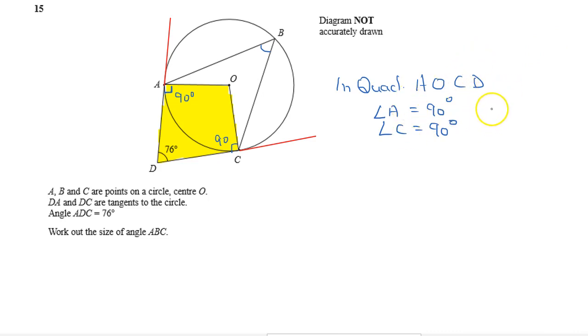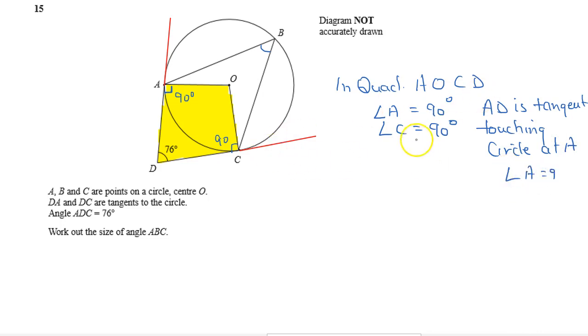The reason is AD is a tangent touching the circle at A, so angle A is 90 degrees. The same reason is for this. And angle D is 76 degrees.